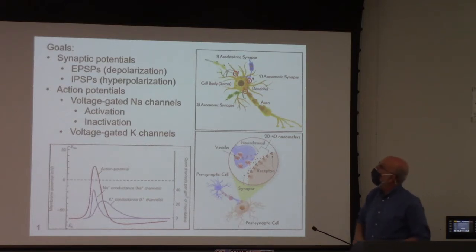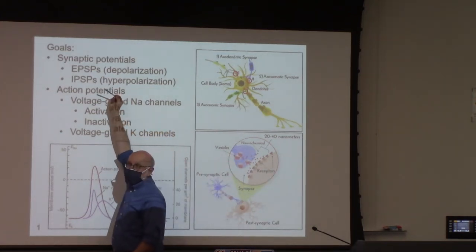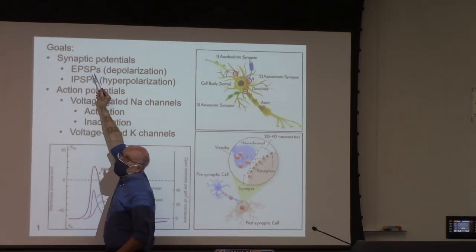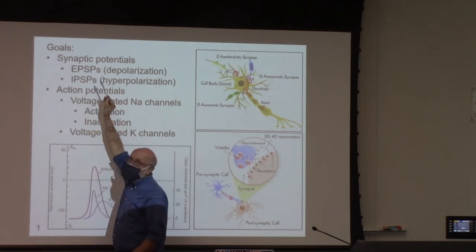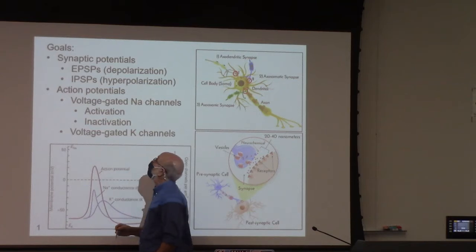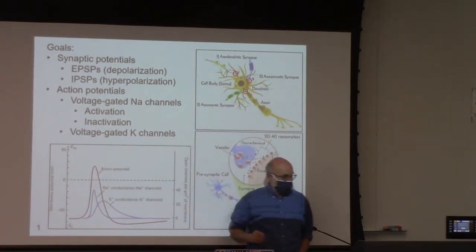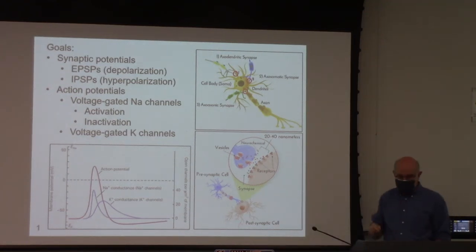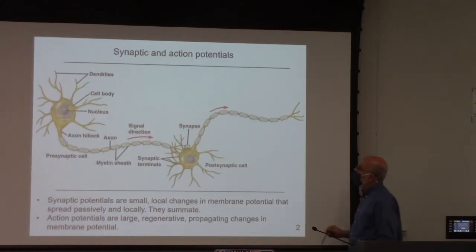So we're going to talk about synaptic potentials and then two types of synaptic potentials: excitatory postsynaptic potentials and inhibitory postsynaptic potentials. Sodium channels and action potentials related to sodium channels and potassium channels.